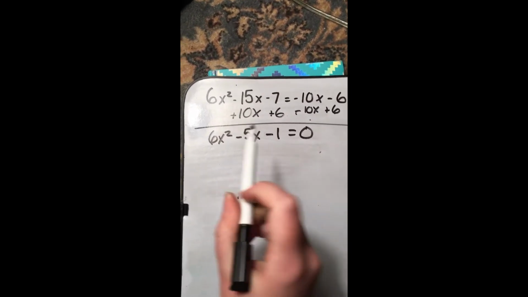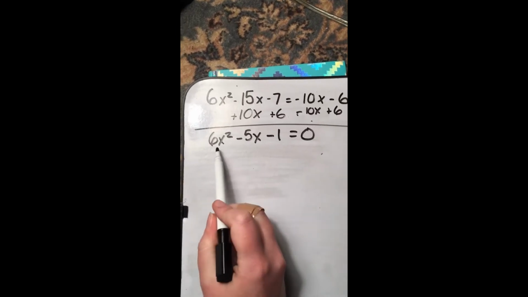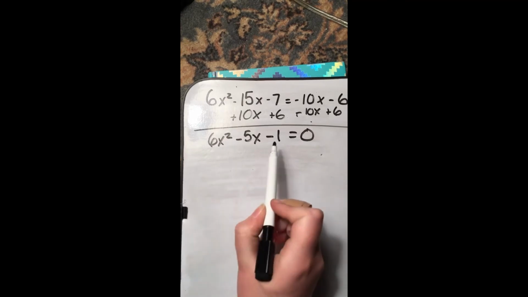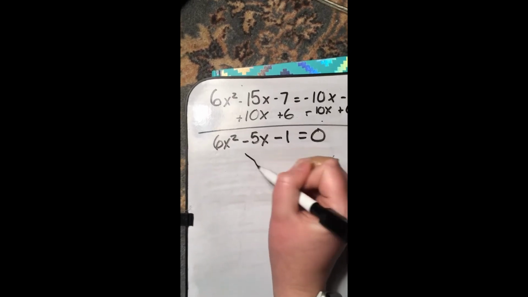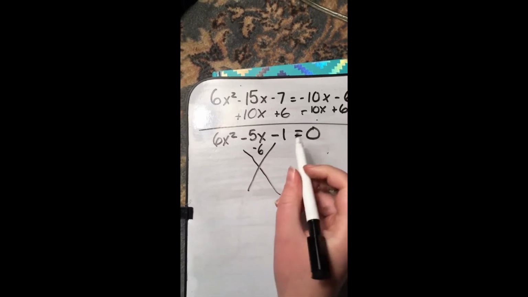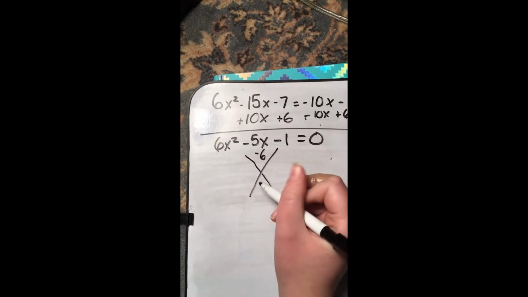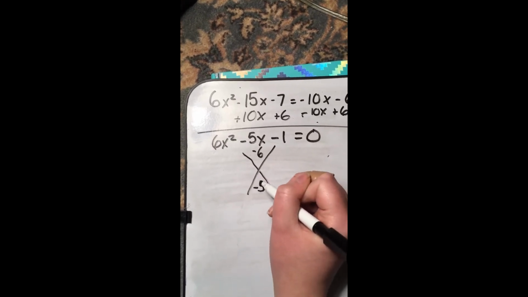Alright, so now we have to factor this equation. So remember, in order to factor, we have to take a and multiply it by c. That's negative 6. And then we're taking this middle number here, b, putting it at the bottom of the diamond.